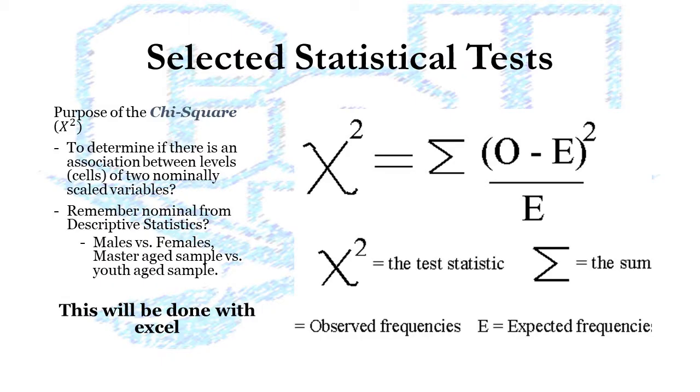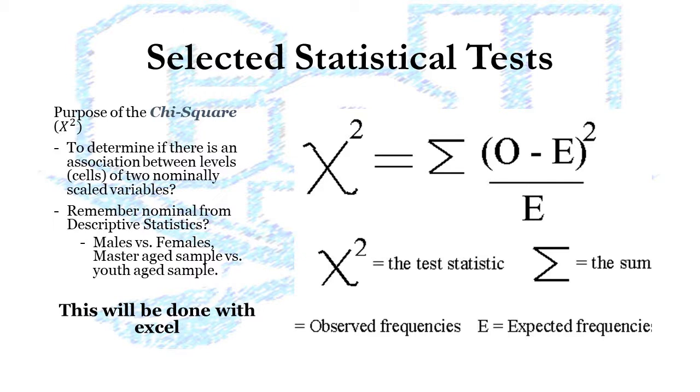And again, we're going to go through the fundamentals here, and then we're going to do different videos per the type of test. However, basically what chi-squared does is determine if there is an association between levels of two nominally scaled variables.